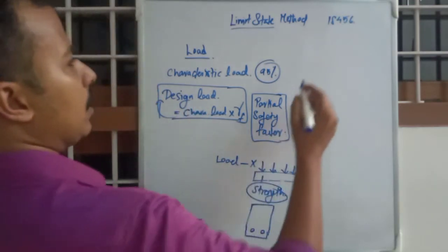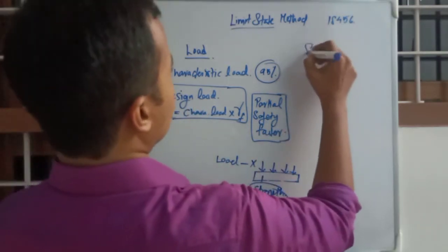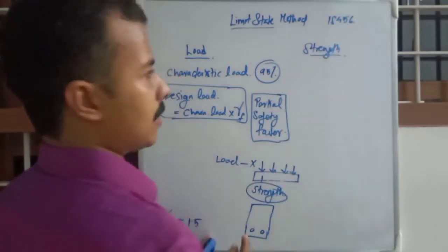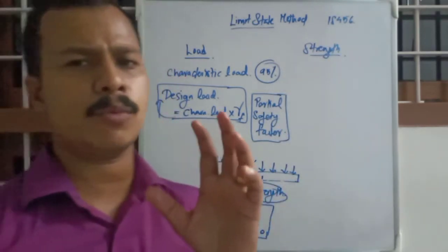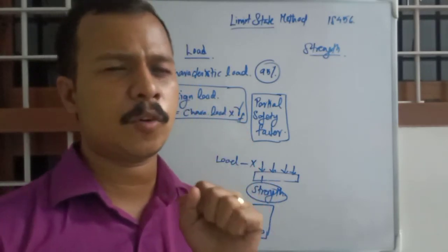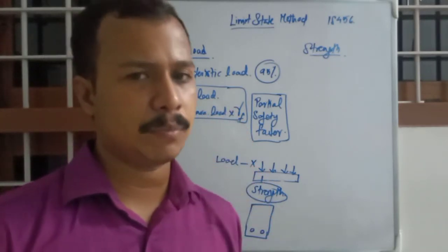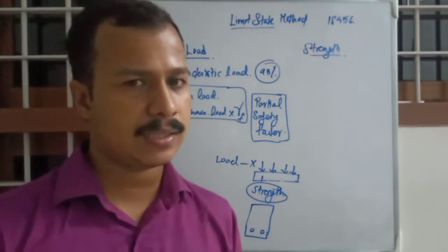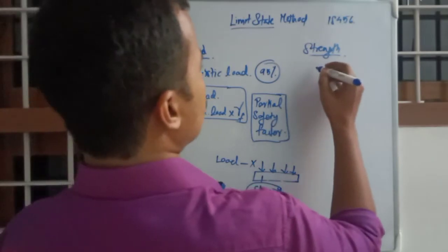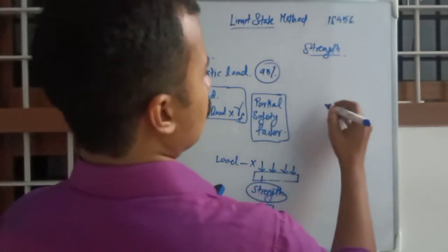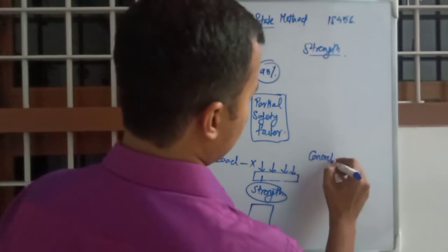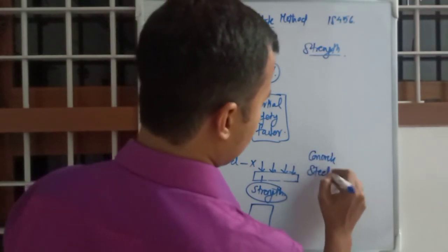So next one is strength. What composes strength? What are the things that you need to consider for strength of an RCC beam? RCC is composed of two things, right? Concrete and steel.